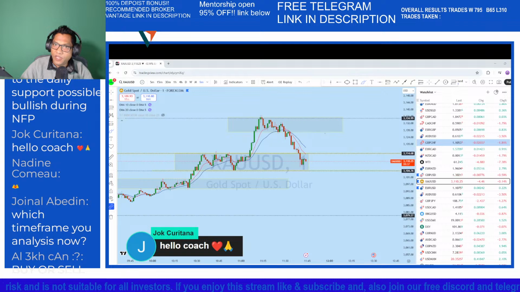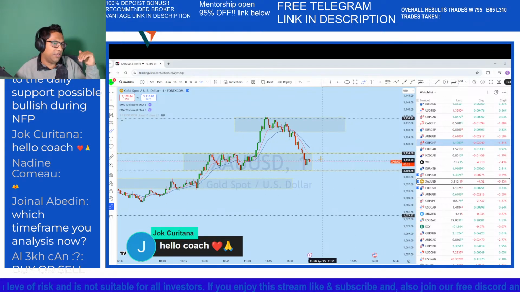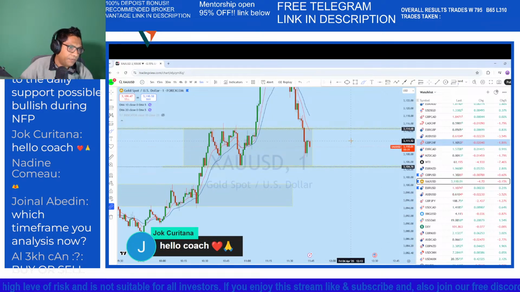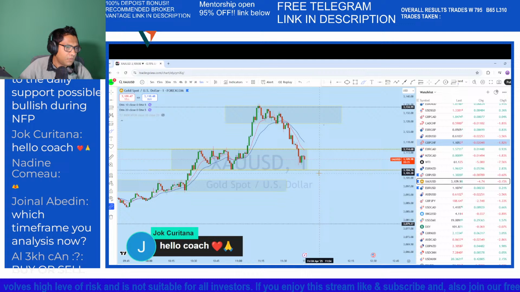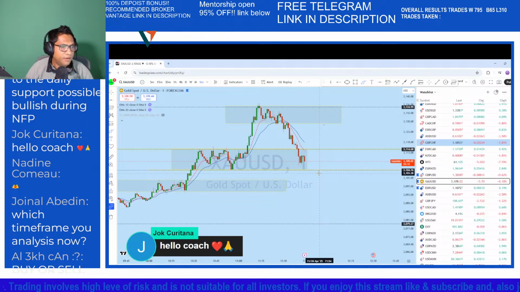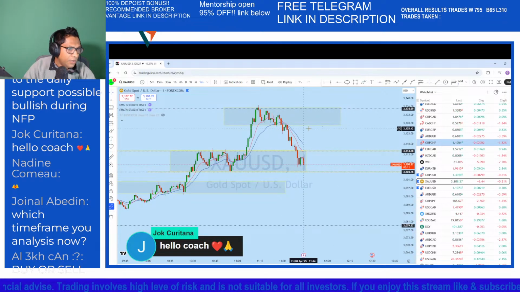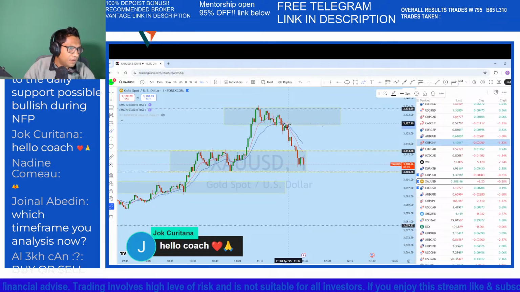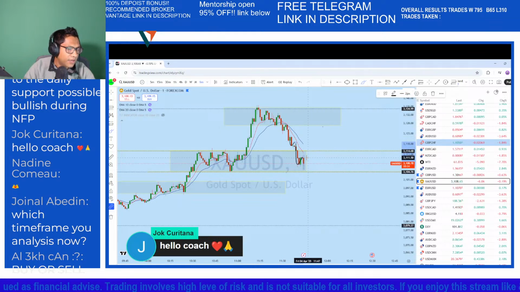Now this NFP, you can see there is a doji, so we may now see further movement in that direction with the coming news. Now you can see here is a move, a narrow pullback, another move, pullback, another move, pullback.